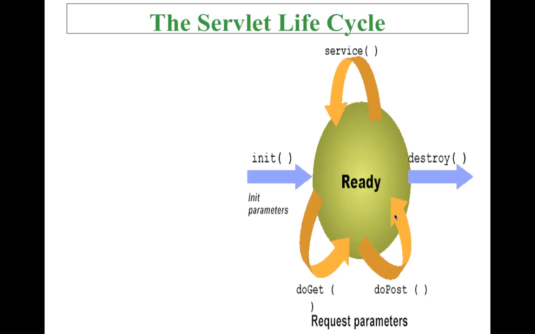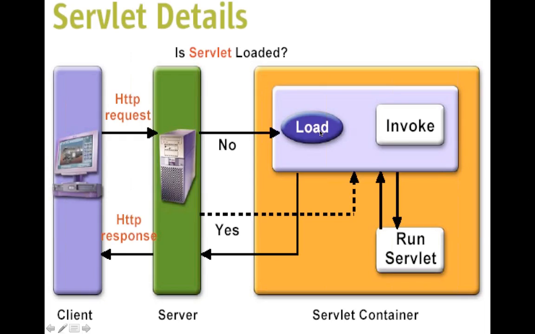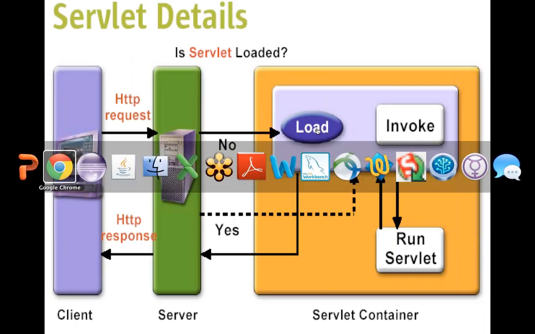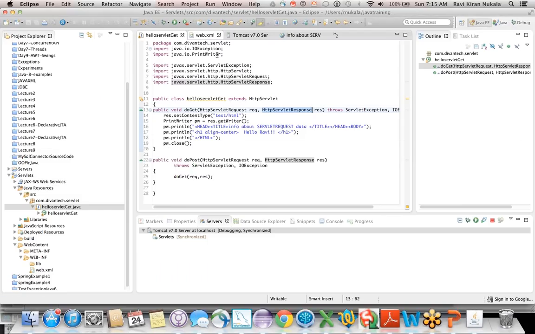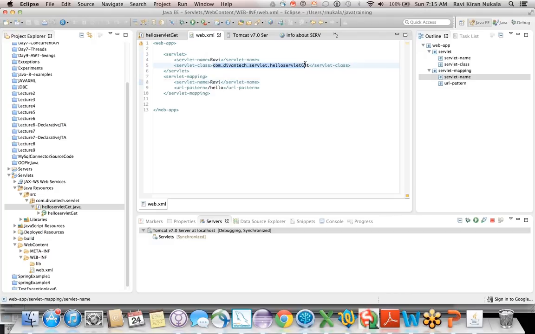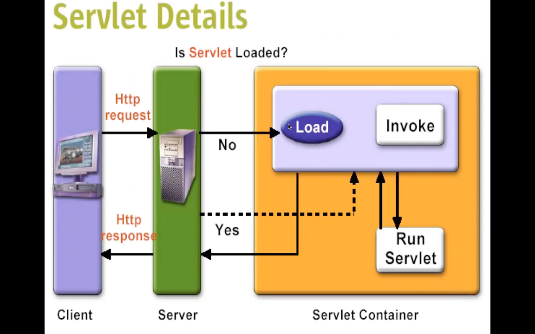If you remember here, it is loaded. That means using some reflection APIs, it is loading the servlet. It knows the fully qualified class name, right? That's why in the web.xml we give the fully qualified class name. By just knowing the name of the class, it loads the class using the reflection API, similar to how you did Class.forName in JDBC.